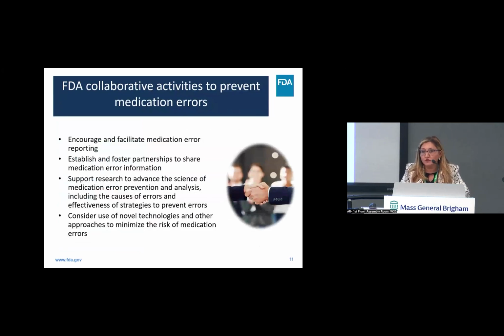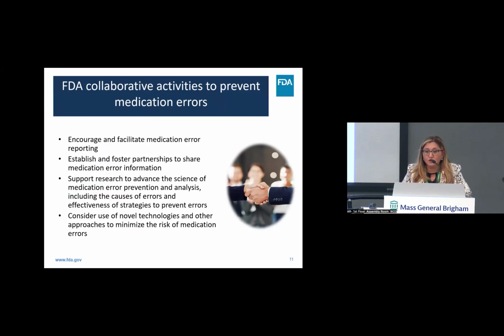Preventing medication error is a shared responsibility. It's not just on one organization, one institution or individual. In our minds, we want to encourage and facilitate medication error reporting. We would like to establish and foster partnerships to share medication error information and support research to advance the science of medication error prevention and analysis, including the causes of the errors and effectiveness of the mitigation strategies.